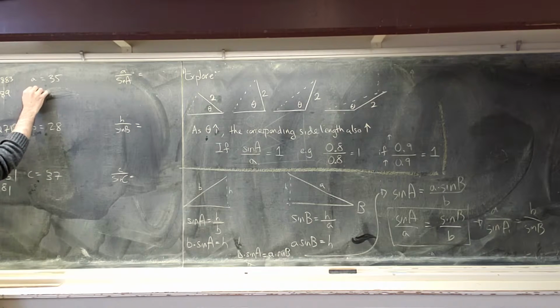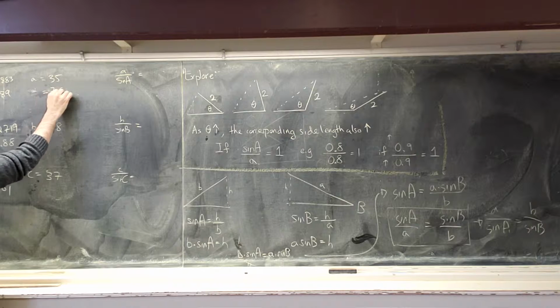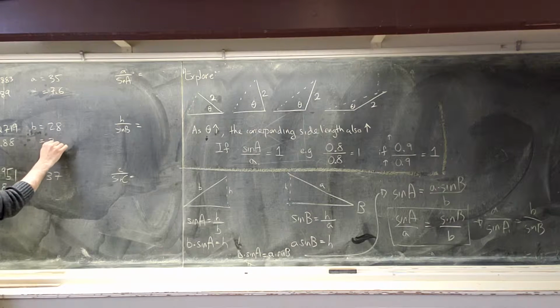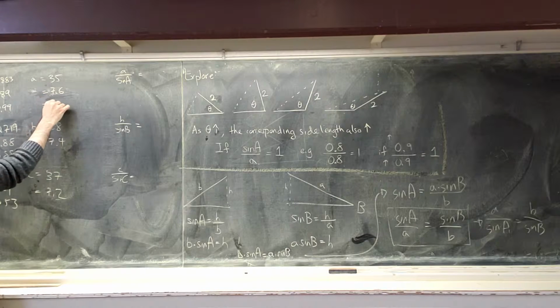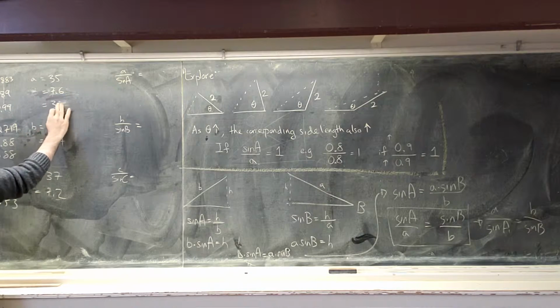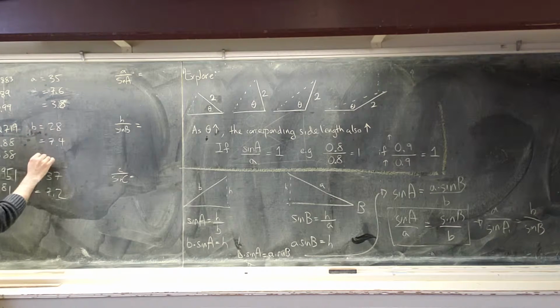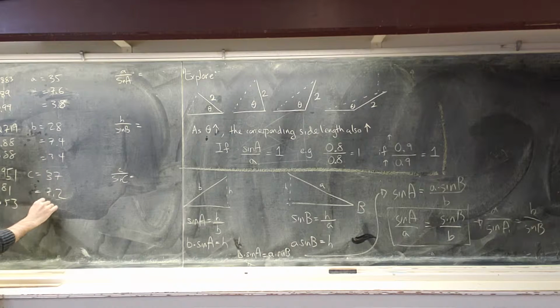Can you give me the sides as well? 7.6 for A, 7.4 for B, and 7.2 for C. One more. 0.99, 0.88, 0.53. Sides 3.8, 3.4, and 1.9.